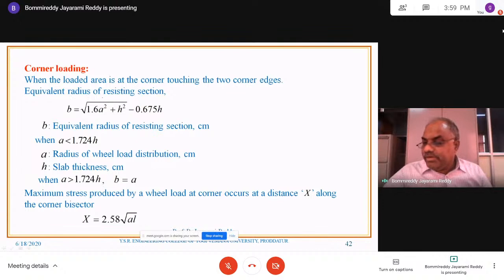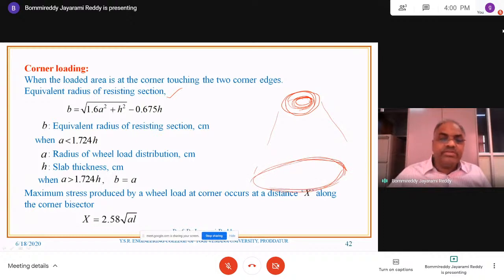Now, equivalent radius of resisting section. At the top of the slab, where the wheel load is acting, the radius of relative stiffness is L. The load is going to distribute to the soil underneath, and this is the radius of the resisting section.